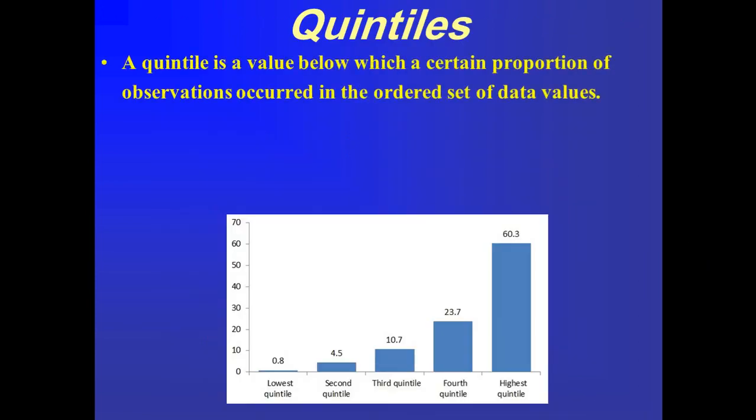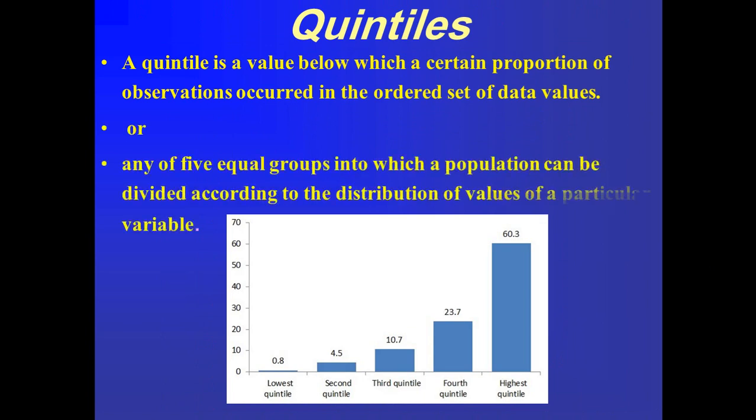What do you mean by quintile? A quintile is a value below which a certain proportion of observations occurred in an ordered set of data, or it may be any of the 5 equal groups into which a population can be divided according to the distribution of values of a particular variable. So we have to divide our observations into 5 equal parts.